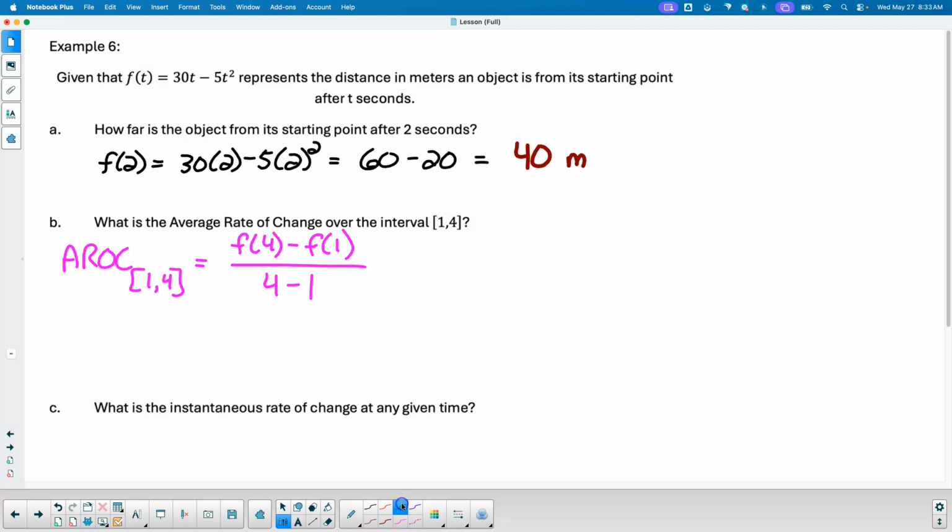F of 4 is going to be 30 times 4 minus 5 times 4 squared. 30 times 4 is 120. 16 times 5 is 80. So that's also 40. Do we agree with 40 for f of 4?